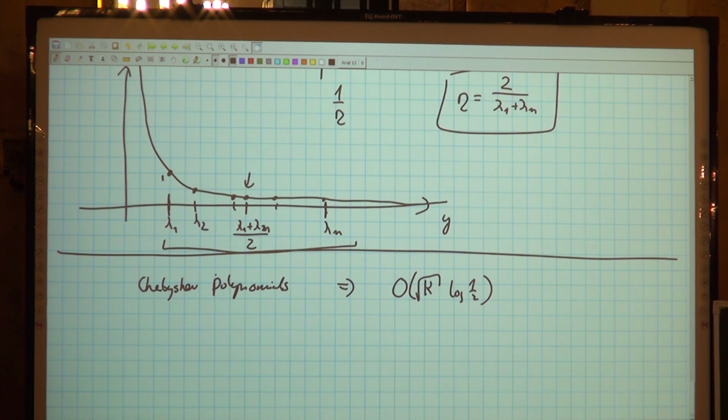Both in practice and in theory, the fact that you can get something sublinear here is very important and very useful, and square root of kappa is particularly so. And you can actually show that in this framework, this is the best possible. In the worst case, this is the best you can hope for, no matter what polynomial you use. And every gradient descent algorithm corresponds to a polynomial. So you can show that every gradient descent algorithm, in the worst case, cannot do better than that. And this actually has a profound consequence that I don't have time to talk about.